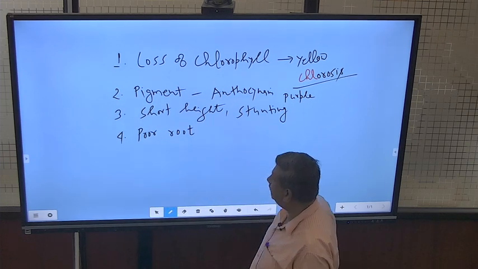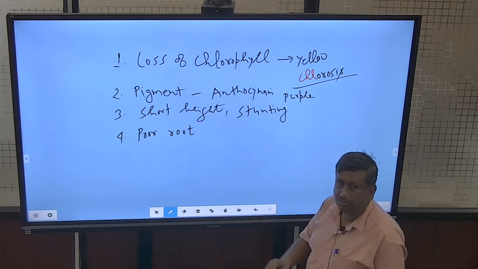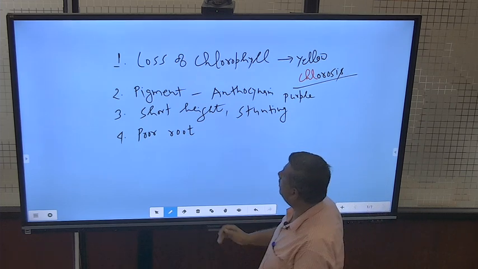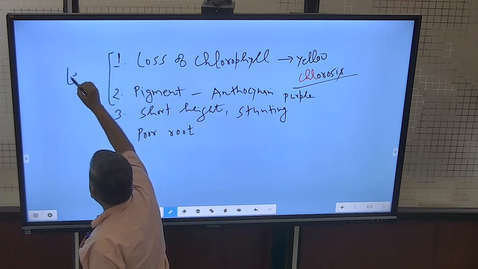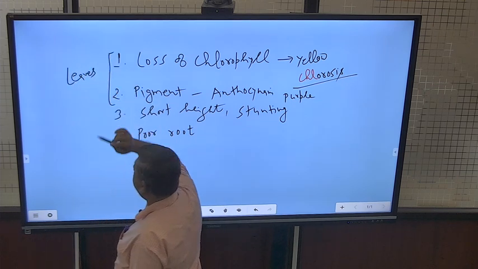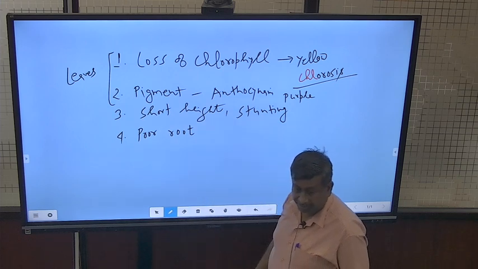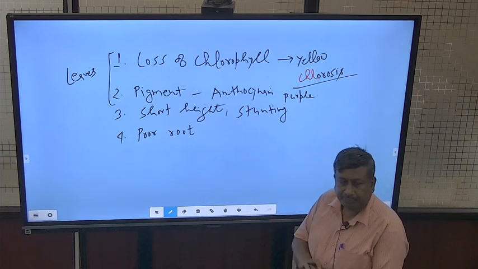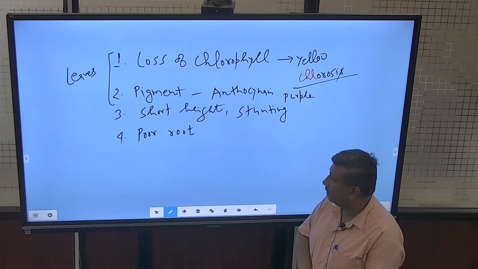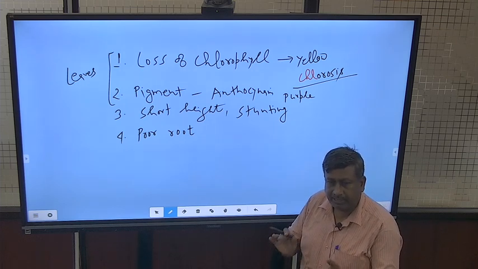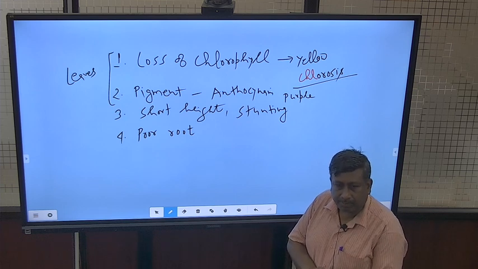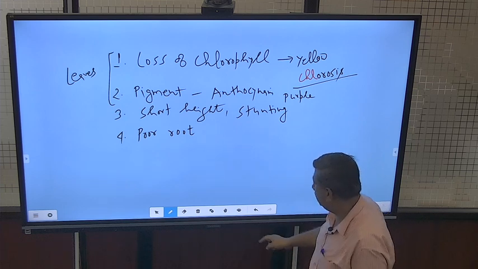But if we talk about the visual deficiency symptoms, these are on leaves. Initially, symptoms develop on leaves. So, these are the common symptoms, and by observing the leaves we can identify if we have a good systematic approach for identification.